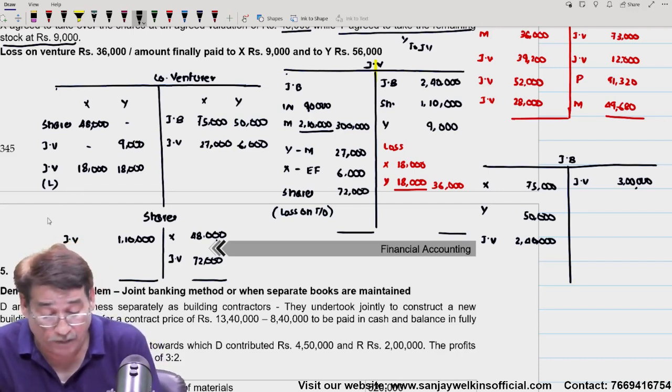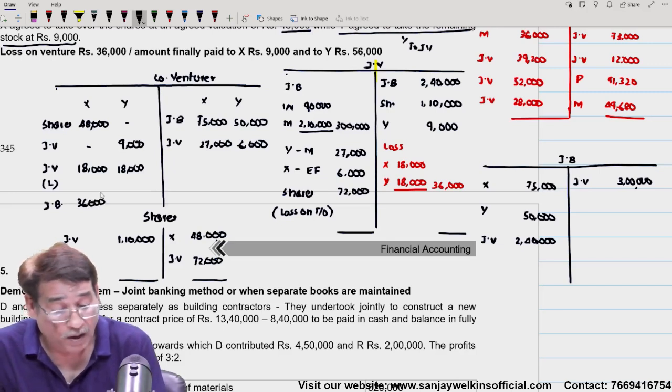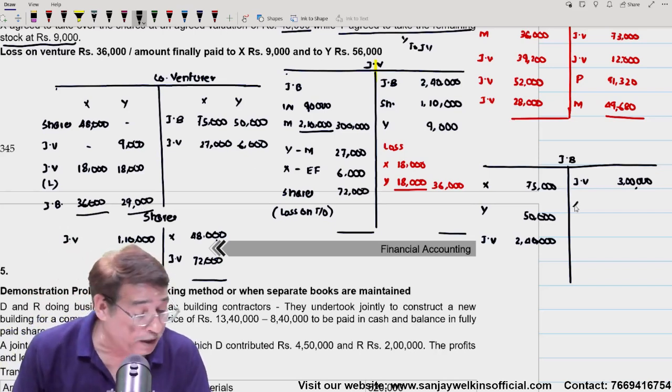The final payment, joint bank, 36,000, and final payment of this will be equal to 56 minus 27, that is 29,000. Then for final payment you are going to write here by X 36,000 and by Y 29,000.